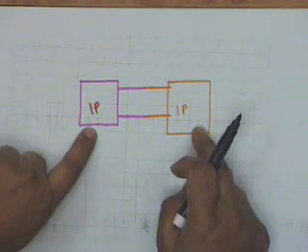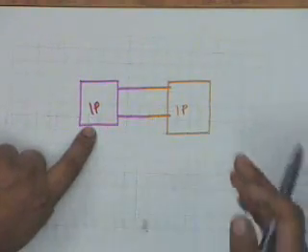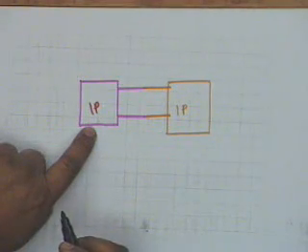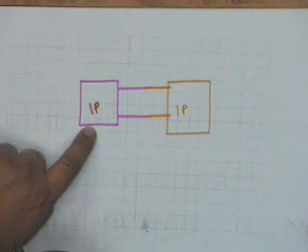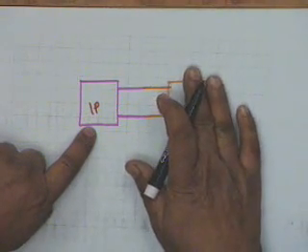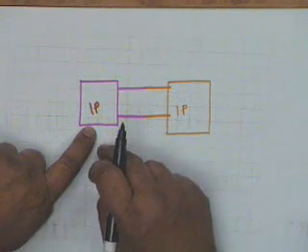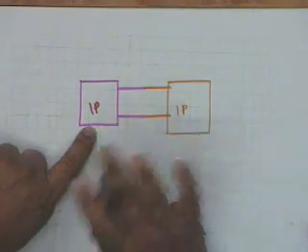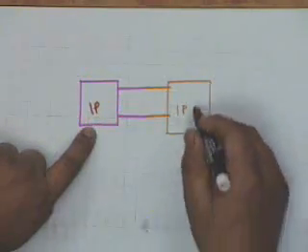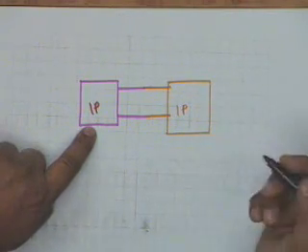You can consider like that, or you can say there is nothing sacred about the left one driving the right. You may say the right one is driving the left. All right, in such situations one of them is considered as a load and the other is considered as the driver. There is nothing sacred. You could consider this as the driver, this as the source, provided this contains an active element, a battery or a current generator or a combination.